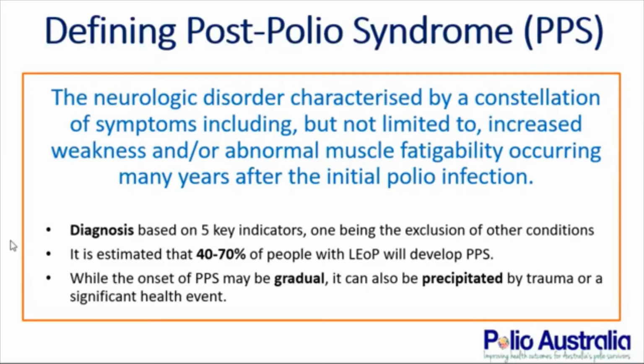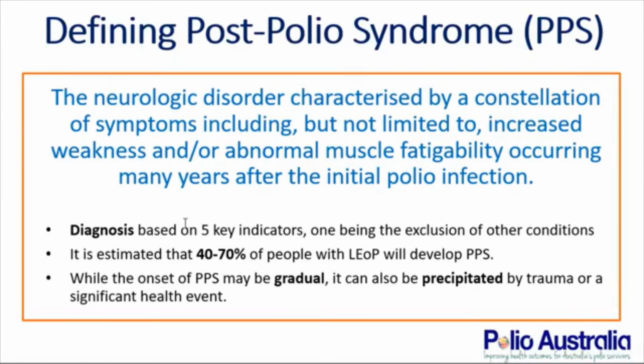So it's not a real neat fit into that disorder group, but mostly fits quite well. Diagnosis is based on 5 key indicators. Late effects of polio isn't actually a diagnosis; it's more of an exclusion of other conditions the patient may have and other reasons they may be having these symptoms, and we could say, well, these are probably the late effects of polio, let's treat it as such.